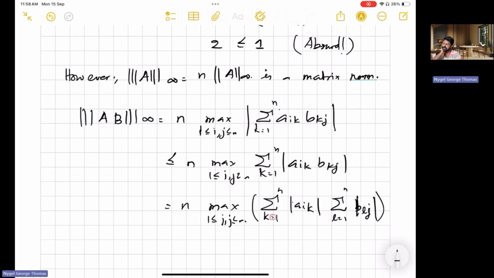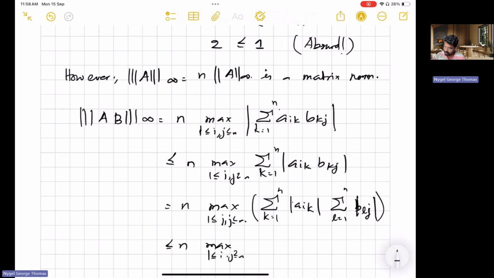Not really sure. Suppose we choose the max of a_ik. This is actually the sum of a_ik. Then what will happen? This is less than or equal to, right? Which is less than or equal to n times max.